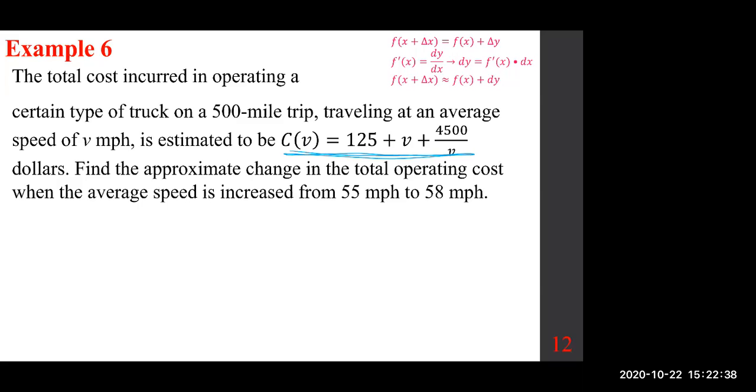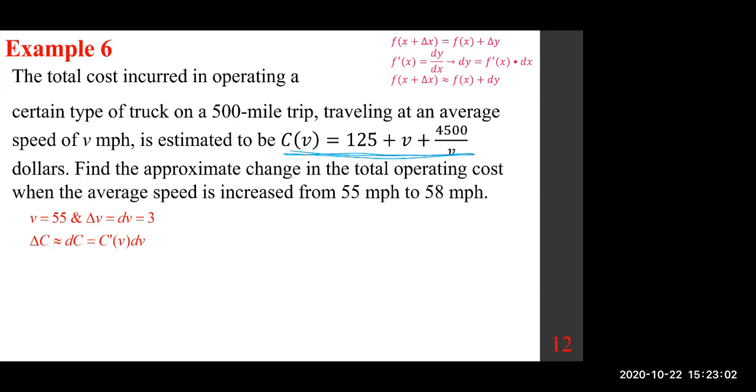So when we say approximate change, we really want the change in the cost, so delta C or dC, and that is by the approximation. So V is 55, delta V or dV is 3, and we want delta C, or dC, which is C prime of V times dV.